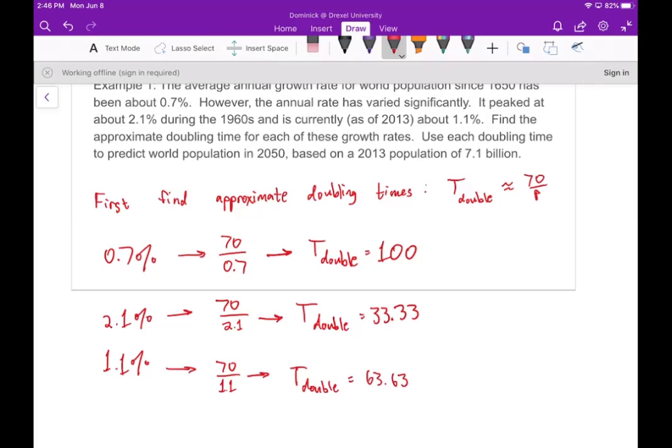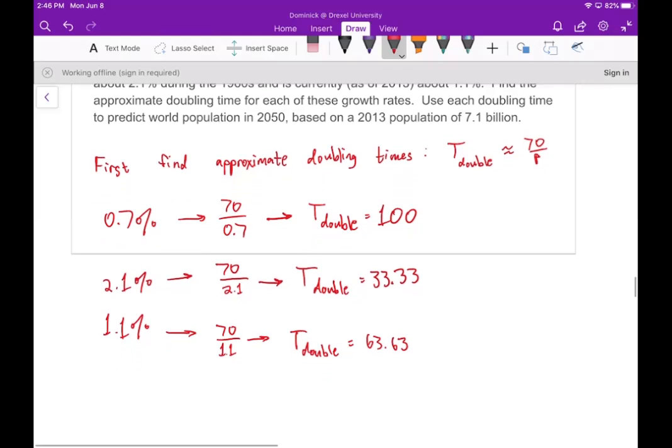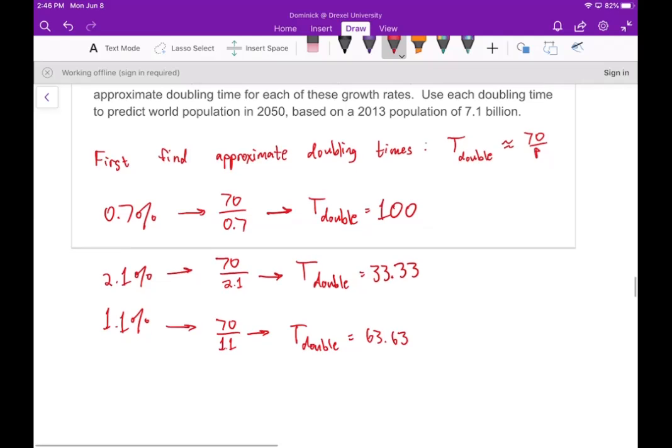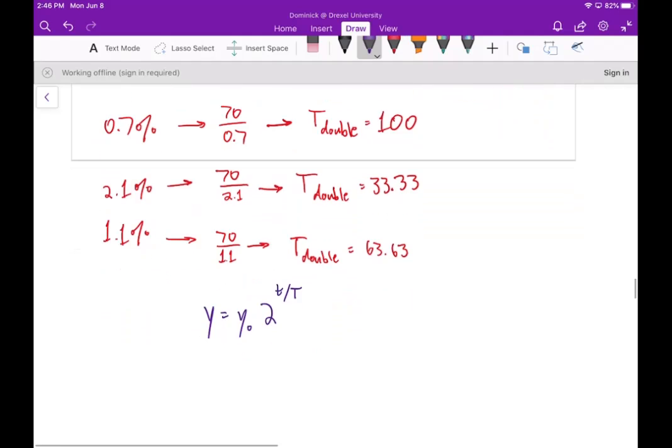And you can see that for even slightly different percentages, these doubling times fluctuate pretty greatly, right? So now that we have the approximate doubling times, we can use each doubling time to predict the world population in 2050, based on the 2013 population of 7.1 billion. So of course, using the doubling time formula, y equals y0 times 2 to the little t over capital T, here for T double.